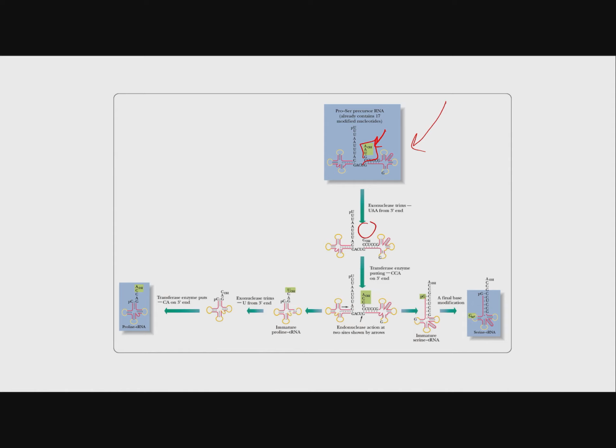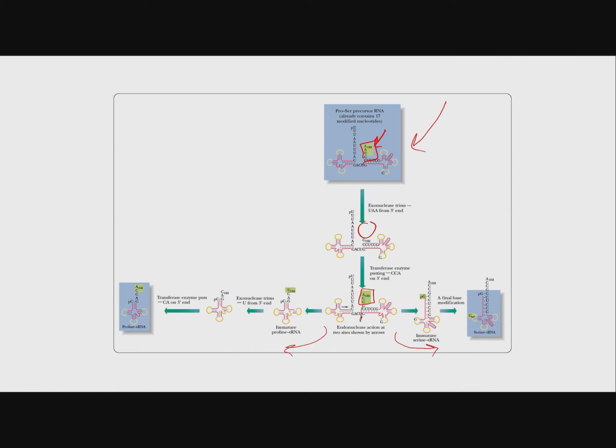What's the next thing that happens? A transferase enzyme puts on a CCA, so we get a new ending on here. This tRNA looks like it's going to get cut in half. An endonuclease cuts it right here, and we end up with an immature serine tRNA.